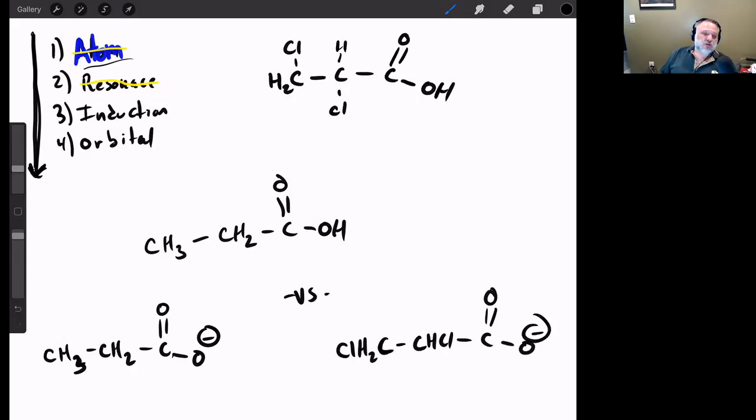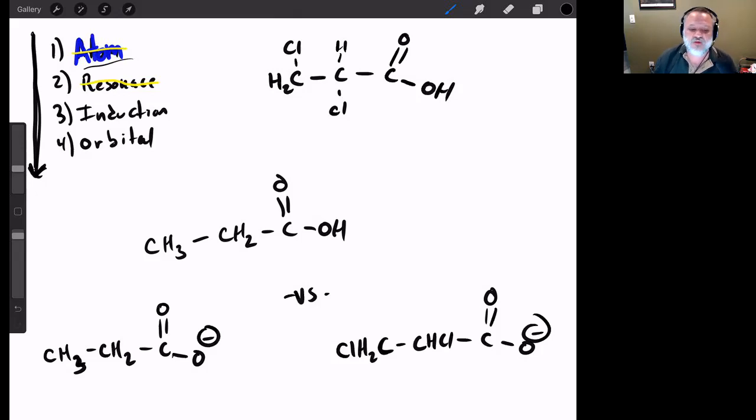Well, look, they both have negative charges on the oxygen atom. So we're not going to look at the atom to decide. They're both from carboxylic acids, and so they both have resonance structures. So we can't use resonance structures to make the decision on whether or not the species is a stronger acid.